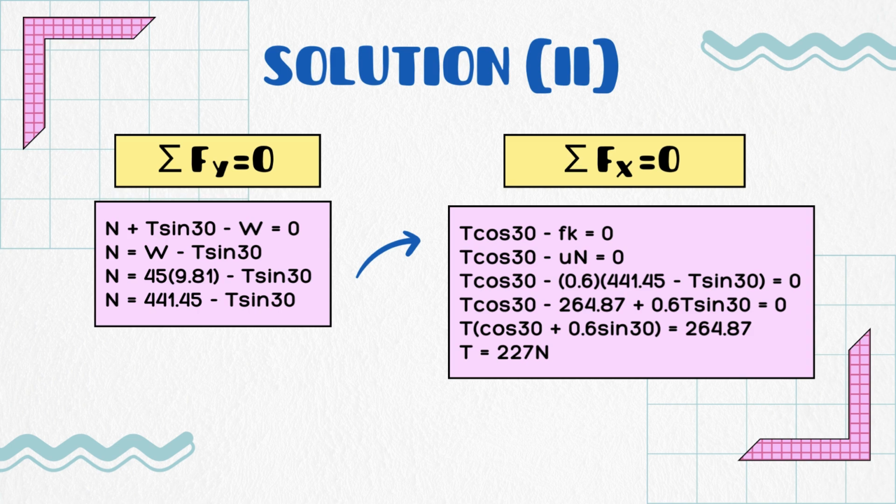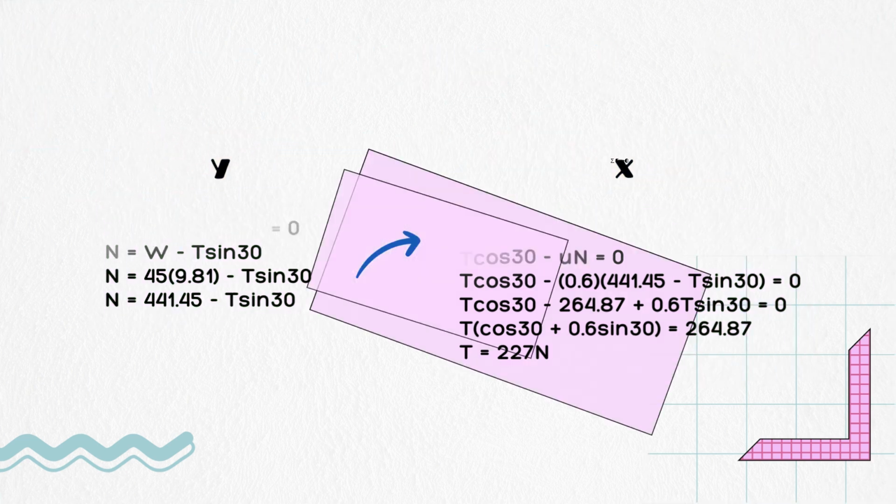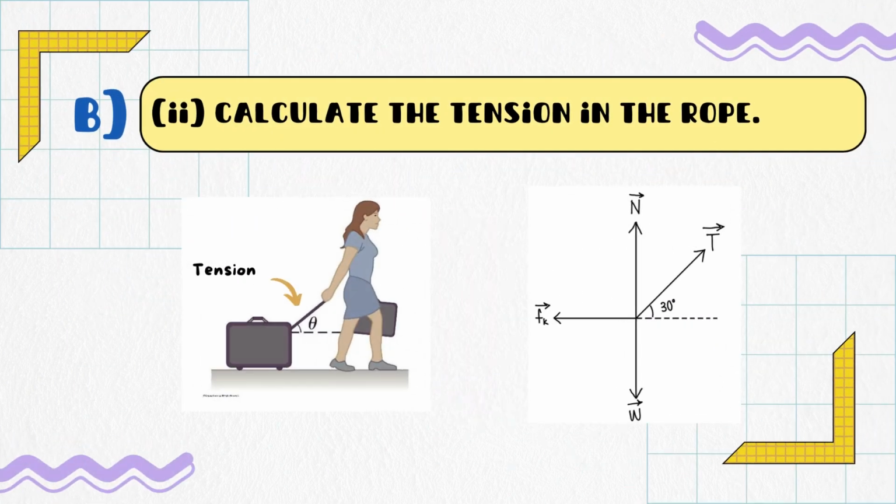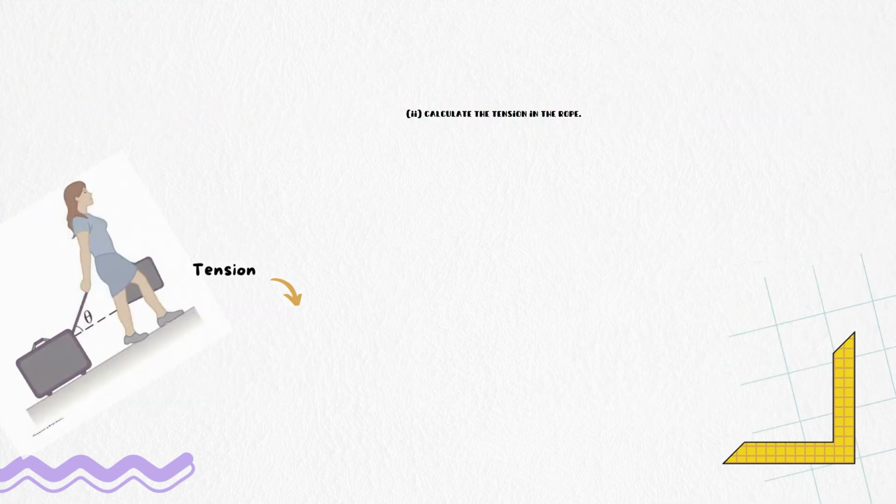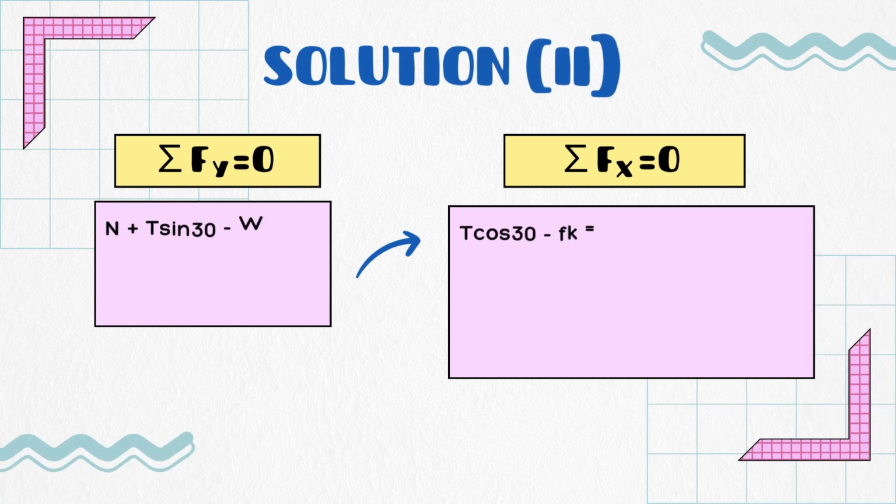So the Fy is the vertical force acting on the block. You can refer to this diagram. The vertical has the normal force, the tension and also W. So you need to write N plus tension minus W. So let us see the equation.